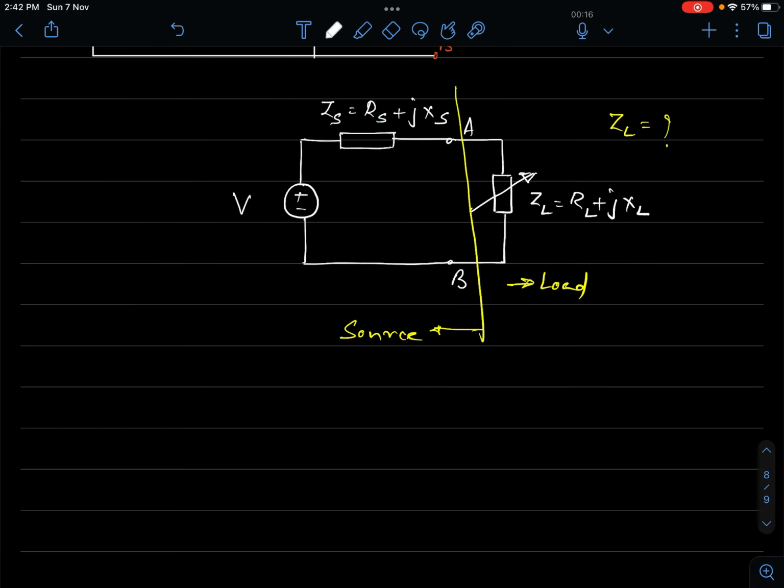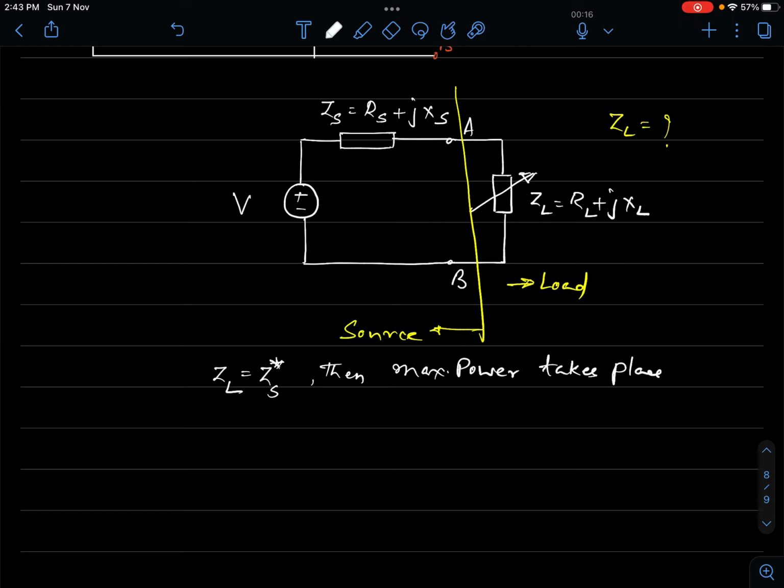According to the maximum power transfer theorem, it can be proved that if ZL is made equal to the complex conjugate of the source impedance, I'll repeat, if the load impedance is made equal to the complex conjugate of the source impedance, then maximum power takes place in the load.